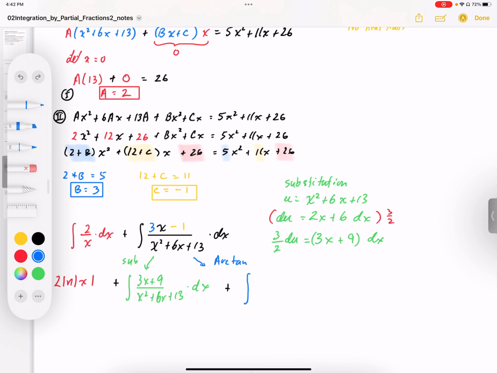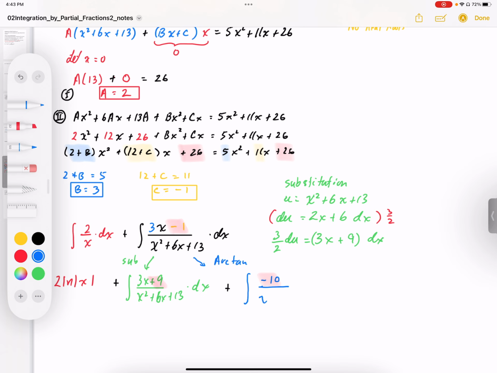So to get that -1, I need 9 minus 10. So that then becomes the remaining part for the arctan. I need a constant in the arctan portion. So I'll highlight this in red. 9 minus 10 gets me back to the -1. So that's where that minus 10 comes from. We need that to make this equivalent.